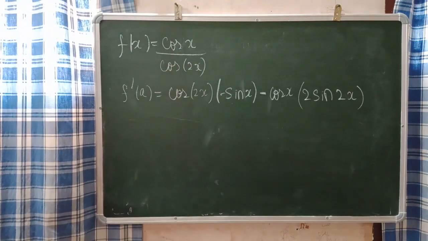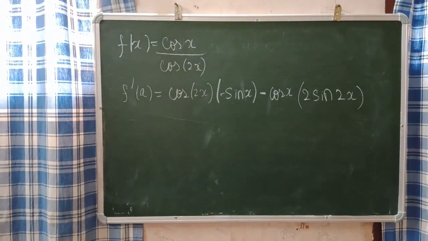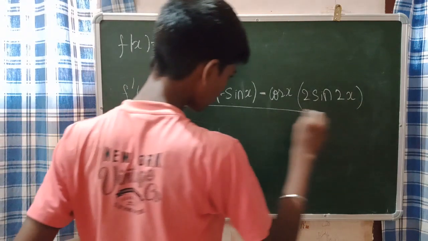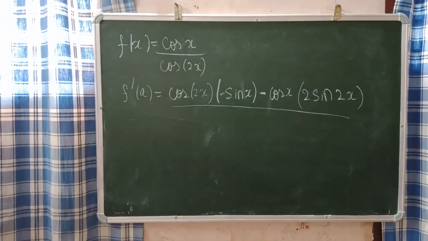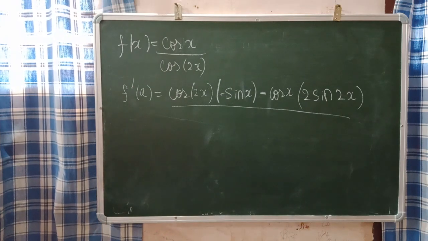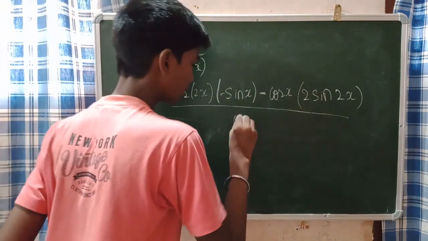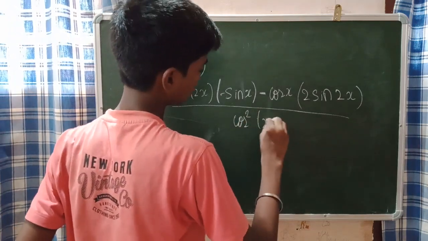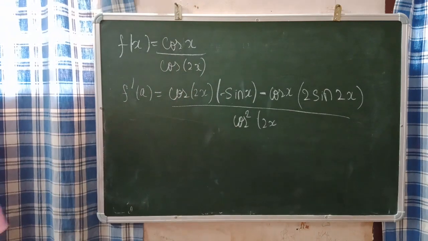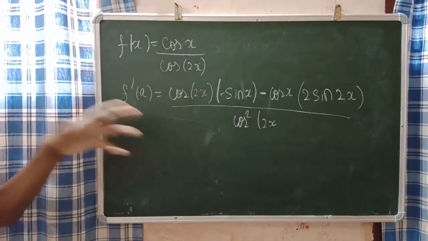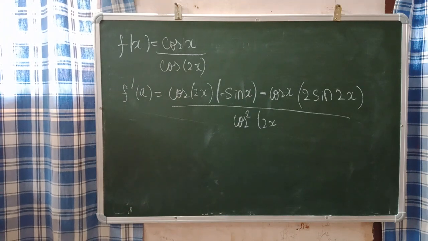Correct? I hope you understand that. Then divided by denominator square. Denominator square is cos of 2x whole square, that is cos square of 2x. That's all. So denominator into derivative of numerator minus numerator into derivative of denominator. That's the basic concept that I did now.